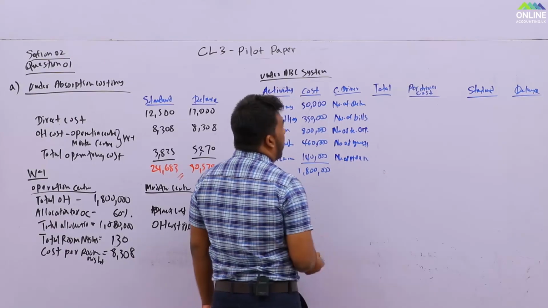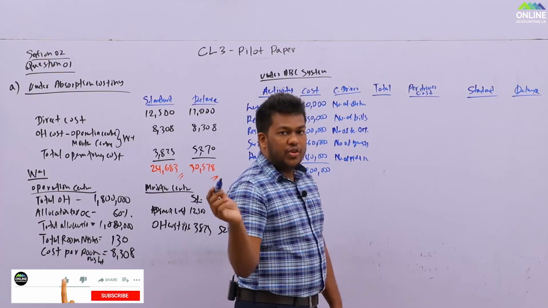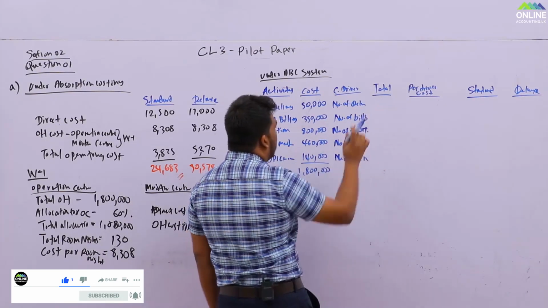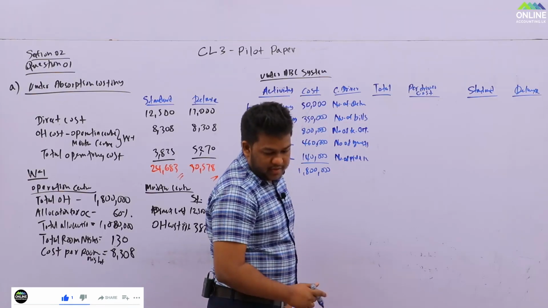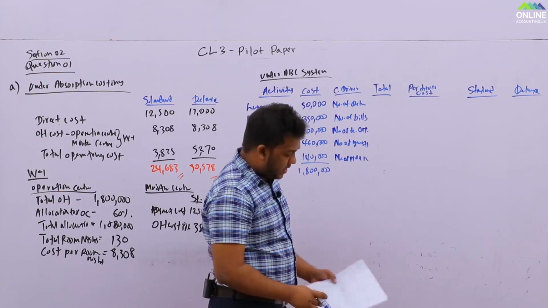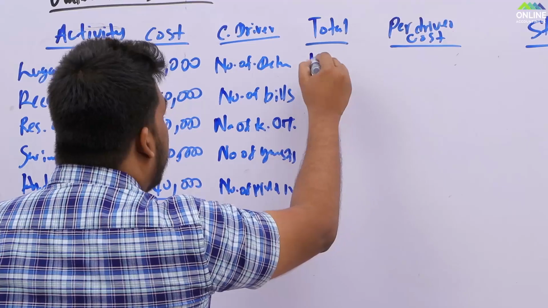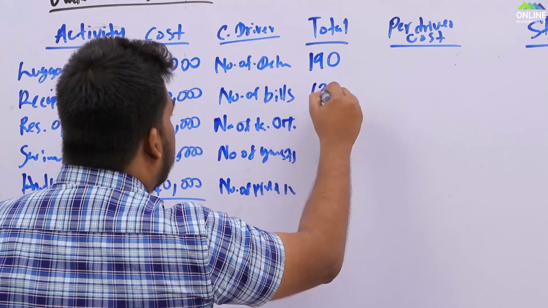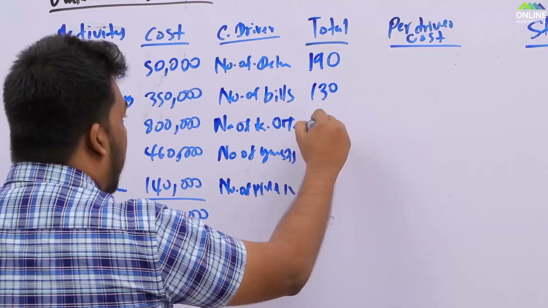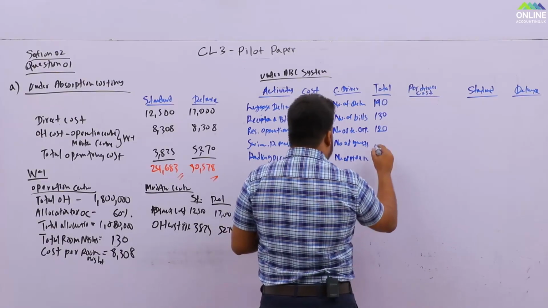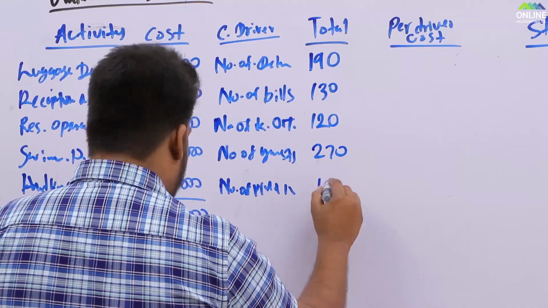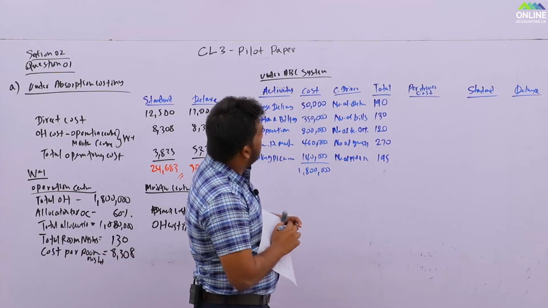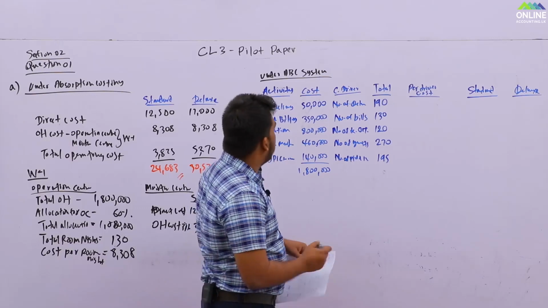So we have done this ABC. You have to allocate the cost based on the activities and cost drivers. The total cost driver is 120 plus 70, that is 190. Then the next one, 80 plus 50, that is 130. Second one, 120. Third one, 120. Then 270 and 195, right? Then per driver cost, how to get?